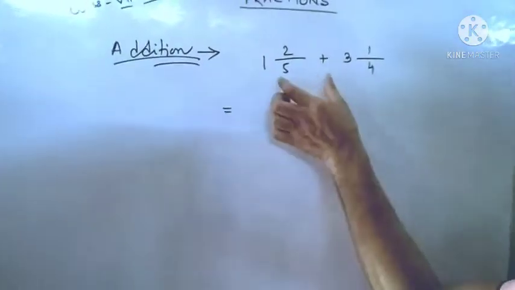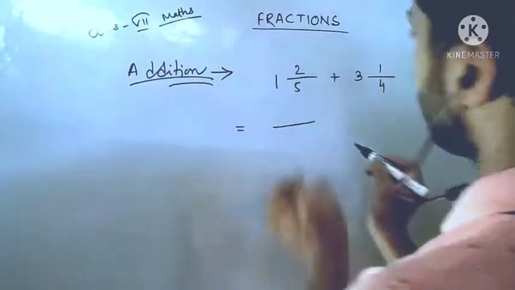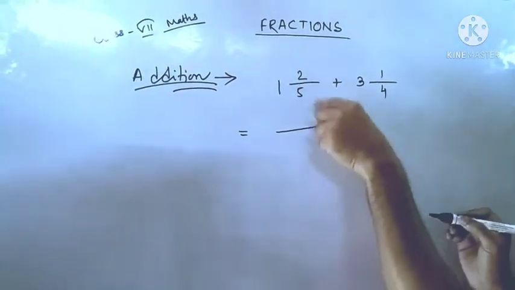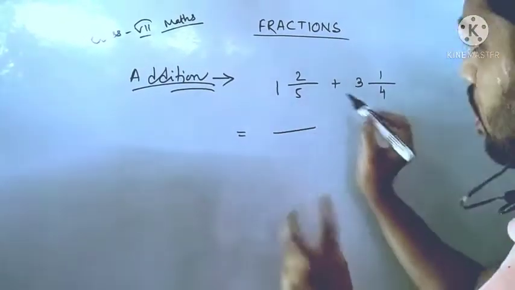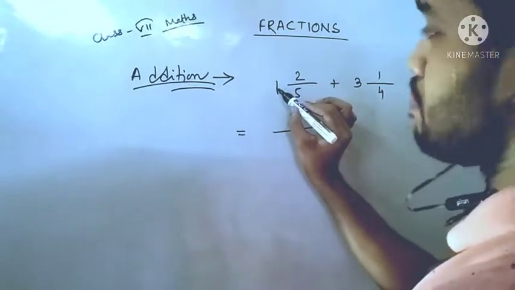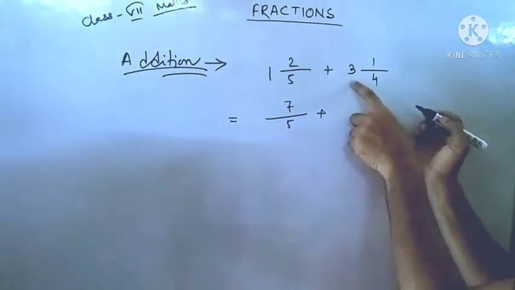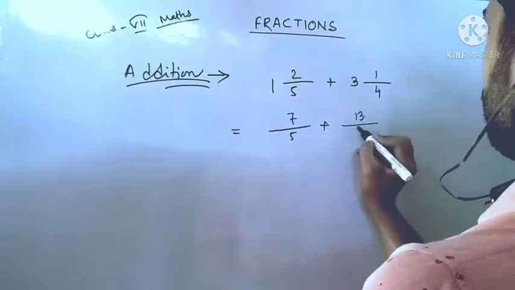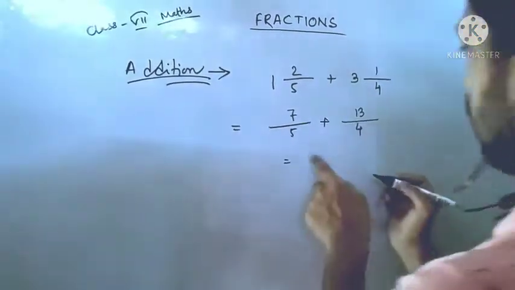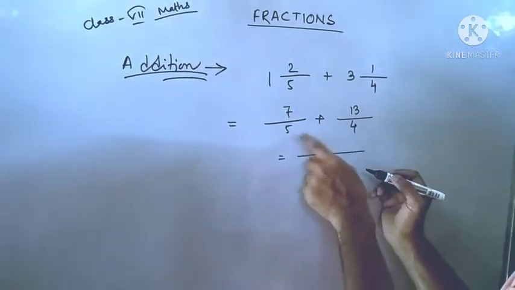We add two mixed fractions. First we have to write them as improper fractions, okay, mixed to improper. So 5 into 1 equal to 5 plus 2, that is 7 by 5, plus 3 into 4 means 12, 12 plus 1 equal to 13 by 4. Now we have to find the LCM of the denominators 5 and 4.